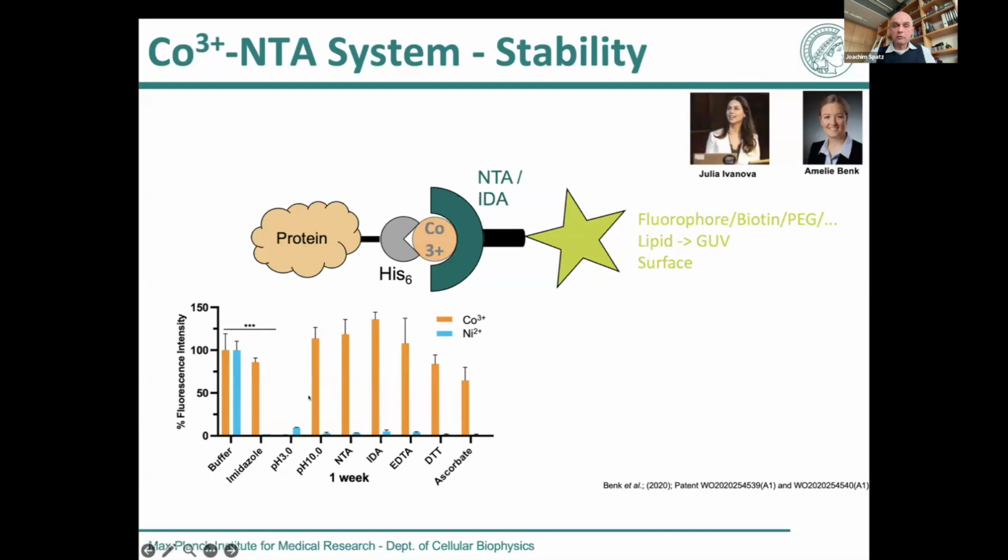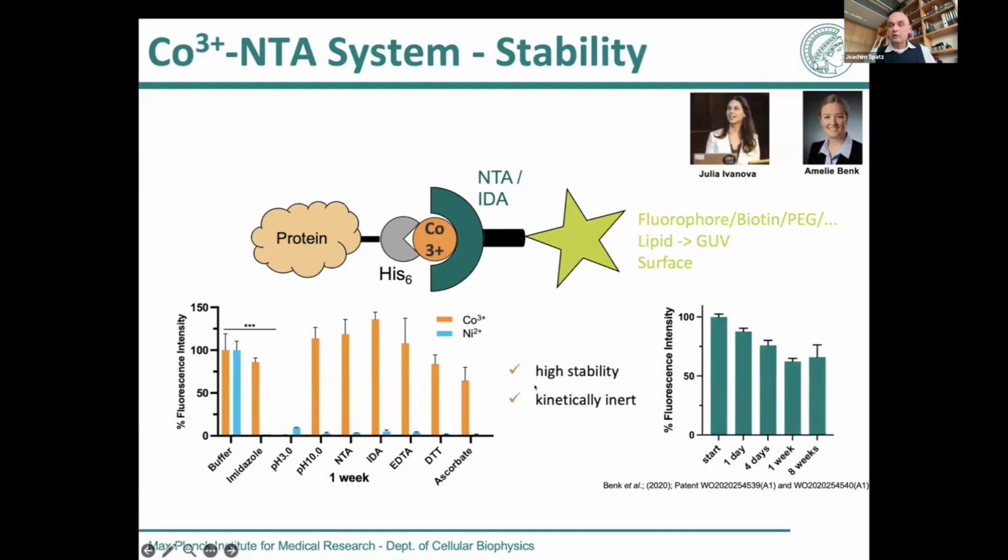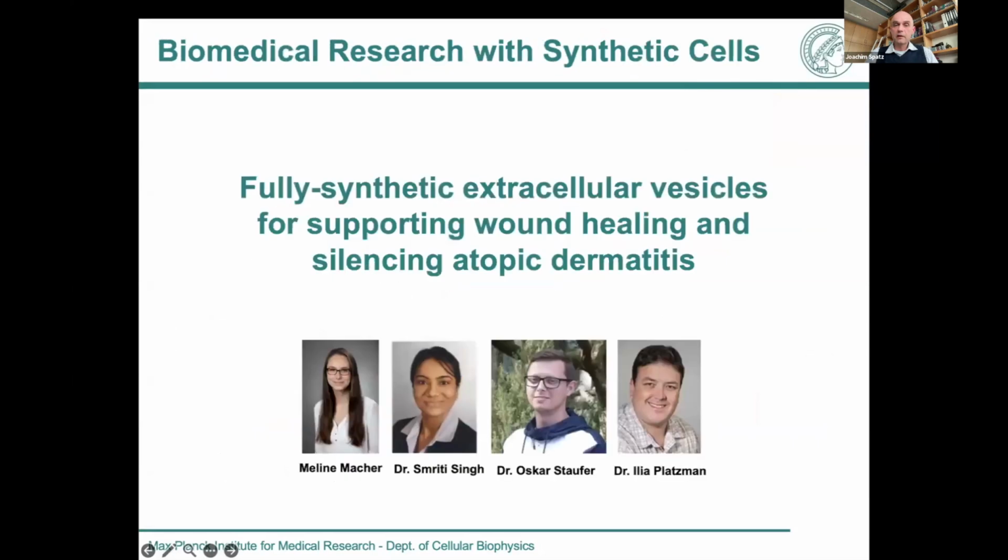But if you do it with cobalt 3+, you maintain the stability completely, and you can even keep that stable for many weeks or days. So it's a very stable complex, and it has the stability of a covalent bond. It's not a covalent bond, of course, but it has the stability. So it makes a real difference in functionality.